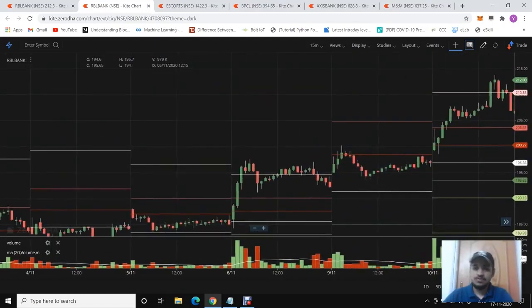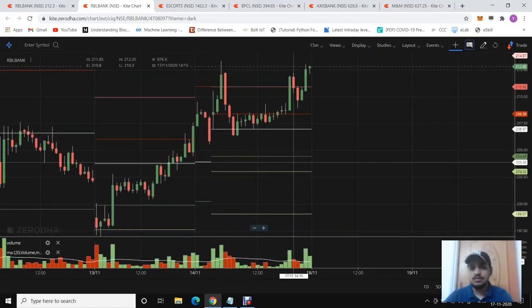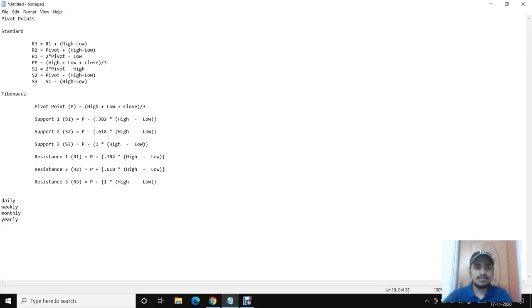Okay, so you can use Fibonacci pivot points or standard. Both are not one and the same, but both are different. Okay, the levels are different because of the change in formula. Alright, but both equally act as good support or resistance levels. So it's your choice. Try them out, see which one acts as a better support or resistance, and use them accordingly. Alright, fine. So this was the basics of pivot points and how to use them.